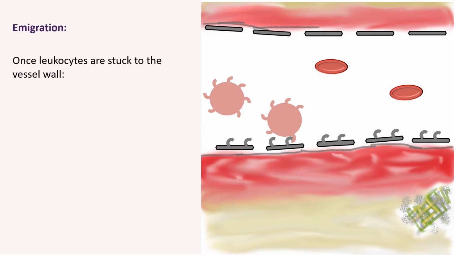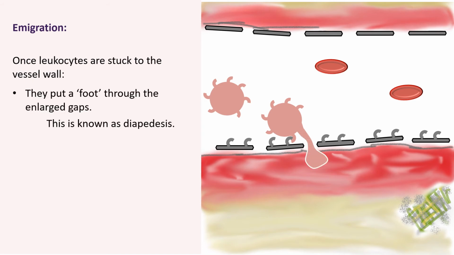Once leukocytes are stuck to the vessel wall, they put a foot through the enlarged gaps between the endothelial cells. This is the first stage of emigration known as diapedesis. Ped being foot, putting a foot through.